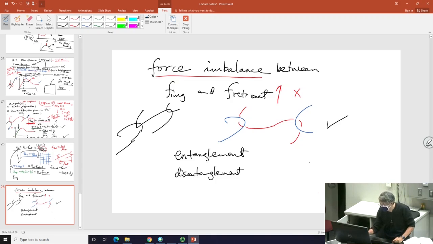When I draw this picture here, it says nothing about whether this red chain and blue chain are in entanglement or not. I know I'm confusing you already. Let me clarify. In that sense, we are speaking about another layer of entanglement.